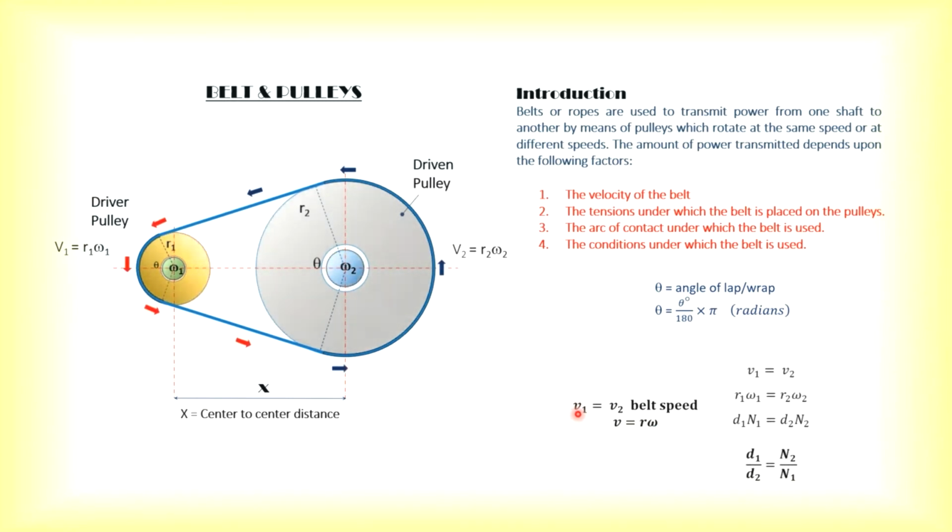Since the tangential speed for both pulleys is the same because of the belt speed, we can work out the speed ratio between the smaller and larger ones.